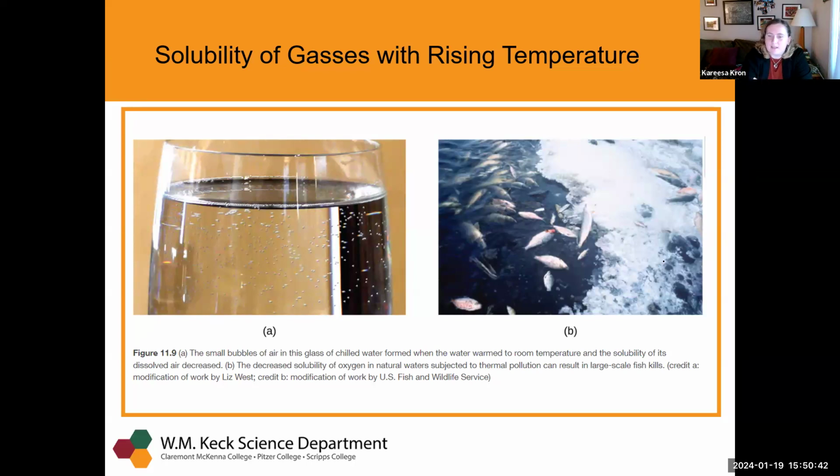So this is something that people have to be careful about if you're putting any thermal change into aquatic systems with fish or bacteria or wildlife, because you can dramatically shift the dissolved oxygen concentration. So this is one way that we can help ourselves remember that solubility of gases decreases with temperature, even though the solubility of solids increases with temperature in liquids.